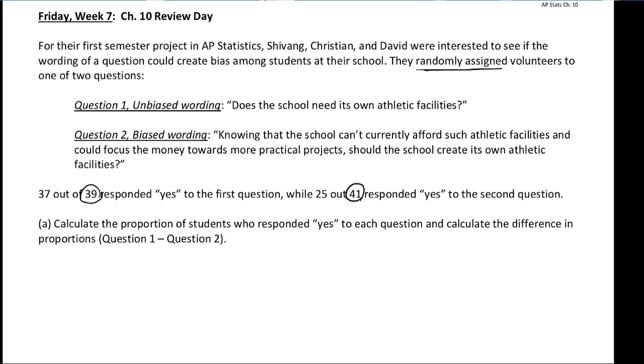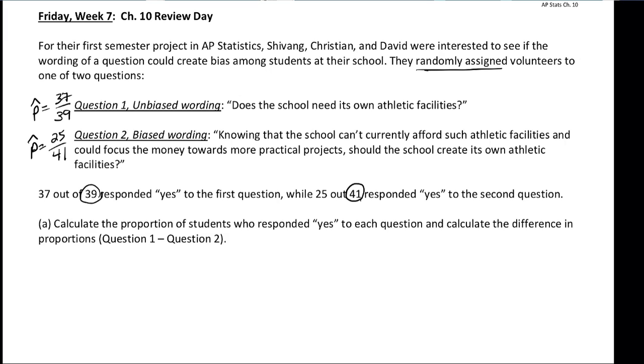Part A, calculate the proportion of students who responded yes to each question and calculate the difference in proportions, question 1 minus question 2. So for question 1, we had a sample proportion that was 37 out of 39 believe the school needs athletic facilities, whereas our second sample proportion was 25 out of 41.